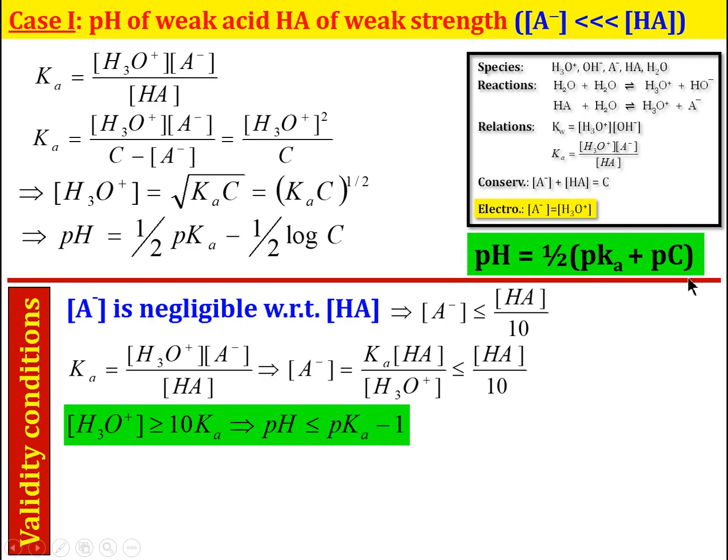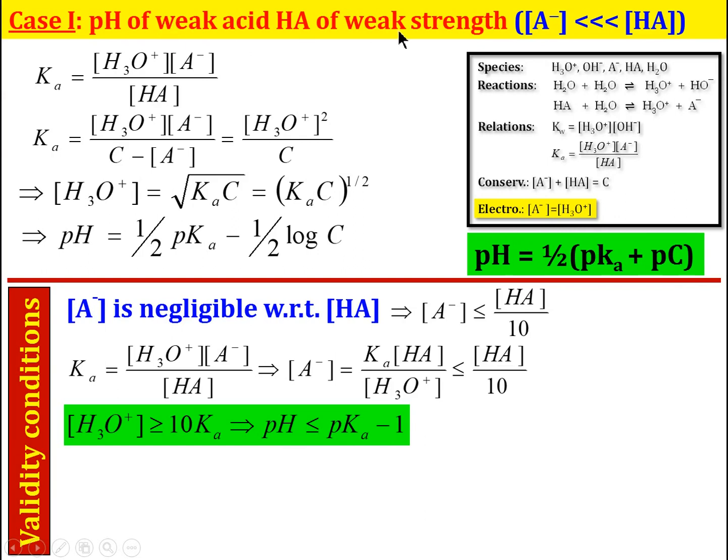So this relation is valid for a value of pH less than pKa minus 1. In other words, if you calculate the pH of a weak acid by using this relation, and you do not find that pH is less than or equal to pKa minus 1, then the relation used is not valid.